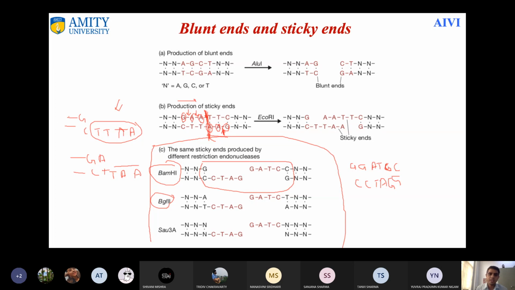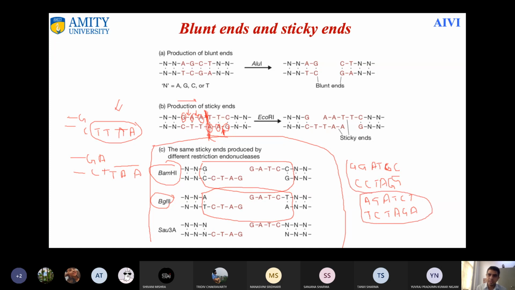That's why they are palindromic in nature. BglII also recognizes this sequence: AGATCT. On the opposite strand it is also AGATCT. So this is also a palindromic sequence.